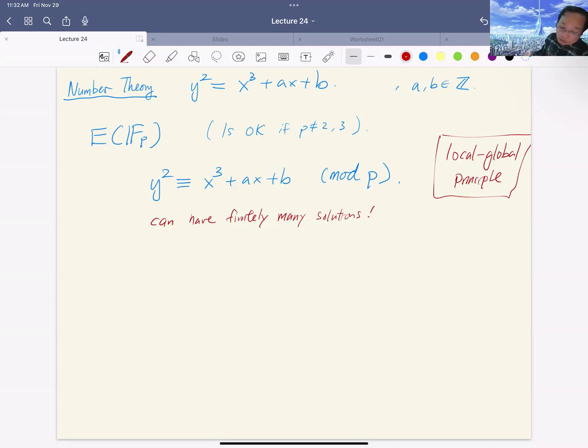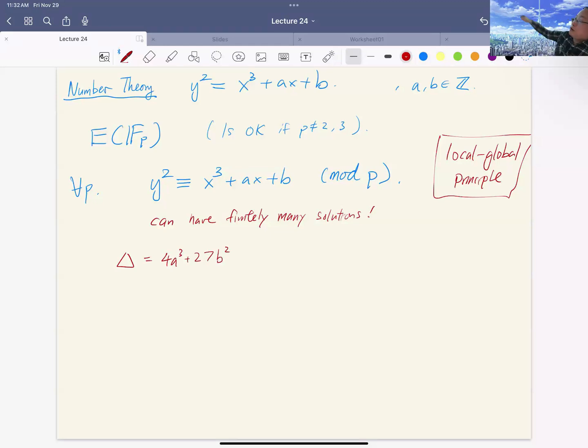We try to study this curve over every p. And again, after we reduce mod p, this curve might become singular. You still have that discriminant, 4a cubed plus 27b squared.